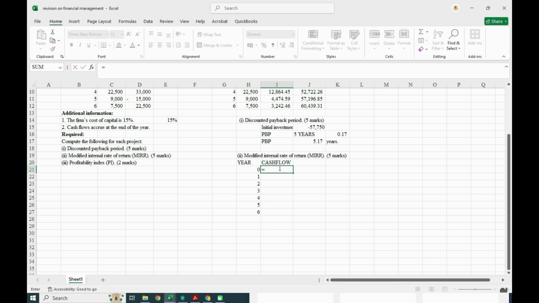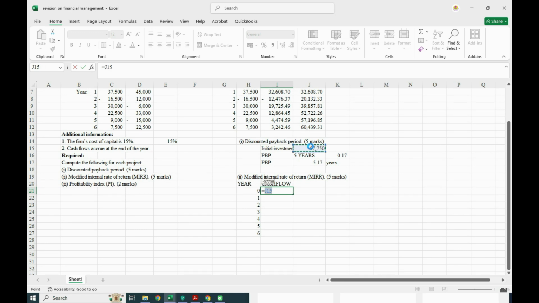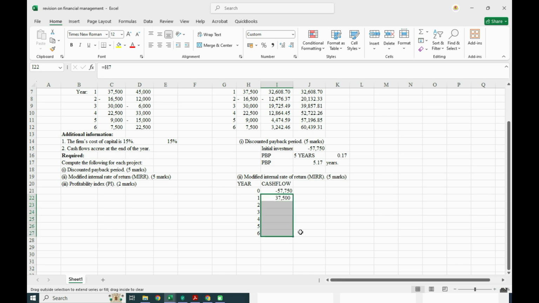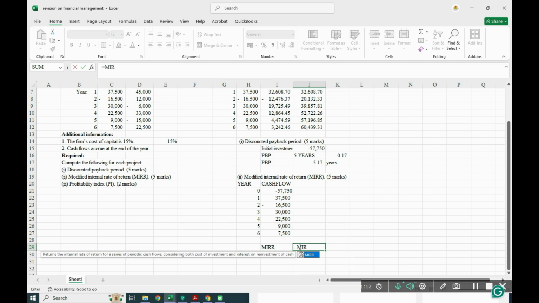I will start from the negative, what we have as our negative for year 0, and then these others that we have from year 1 to year 6. We use all the cash flow in this case, so that our modified internal rate of return will be MIRR, tab. We need the values, all of them.